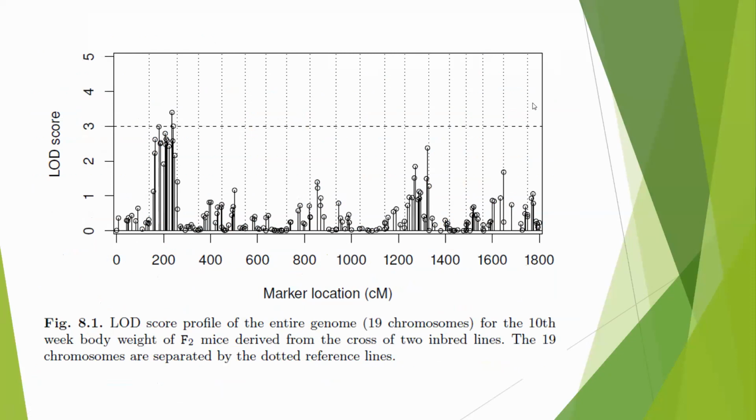This is what we can get by genome scanning. For example, we have this many markers, and for each marker we can use this model. I'm trying to link what we learned before to the new approach.